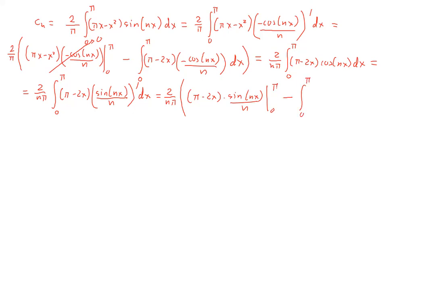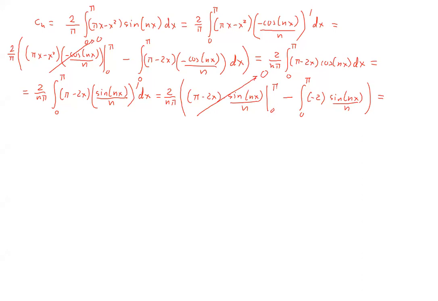The derivative of pi minus 2x, which is negative 2, times sine of nx over n. And again, we're very lucky here, right? Because if you plug in 0 into sine of nx, you get 0. Sine of 0 is 0. And also, if you plug in pi, you get sine of n pi, which is also 0. So again, this whole thing is going away.